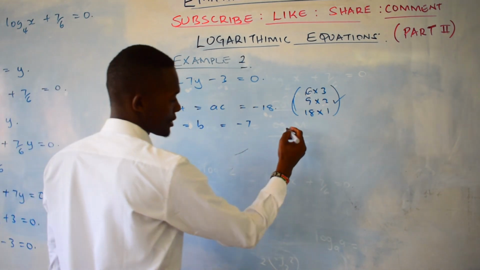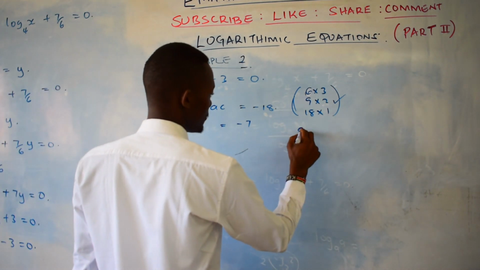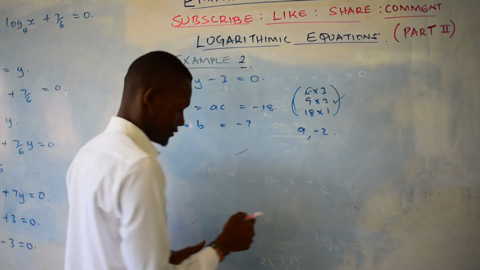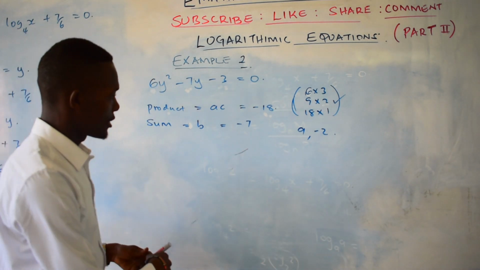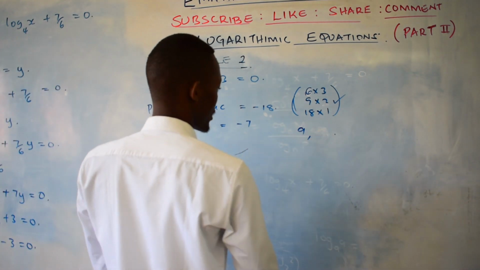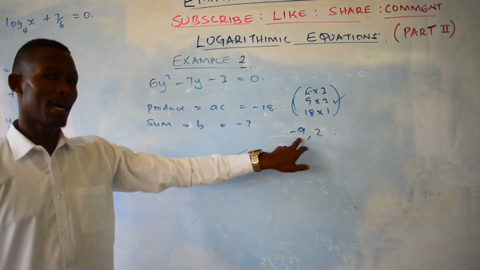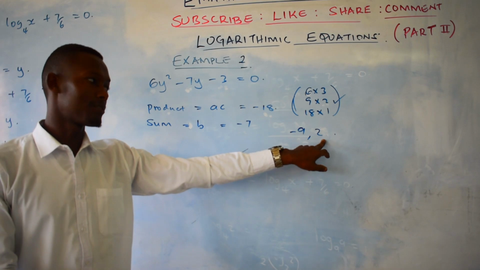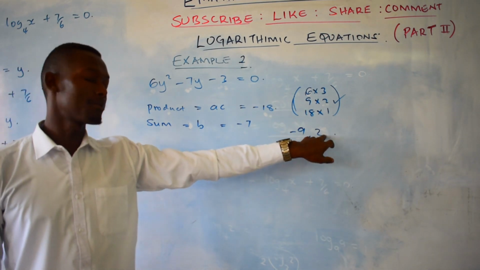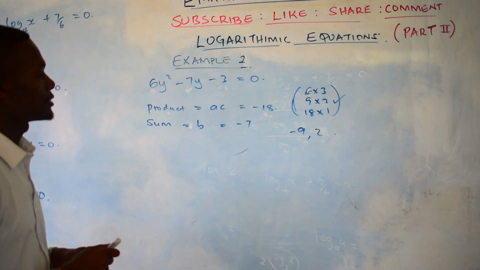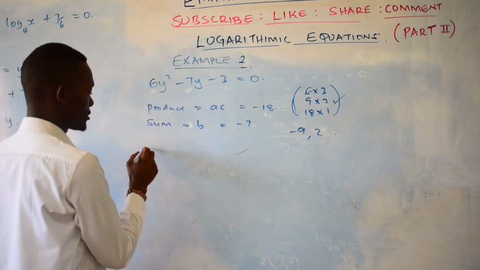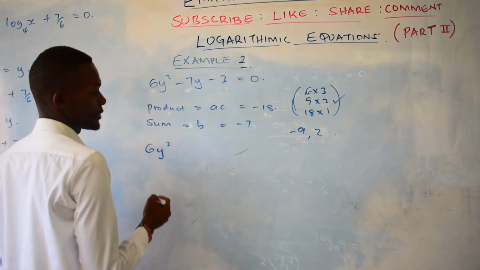So our two numbers are 2 and negative 9. So that when you add negative 9 plus 2 gives you negative 7. When you multiply negative 9 times 2 gives you negative 18. So let's now simplify this. So we have 6y squared.